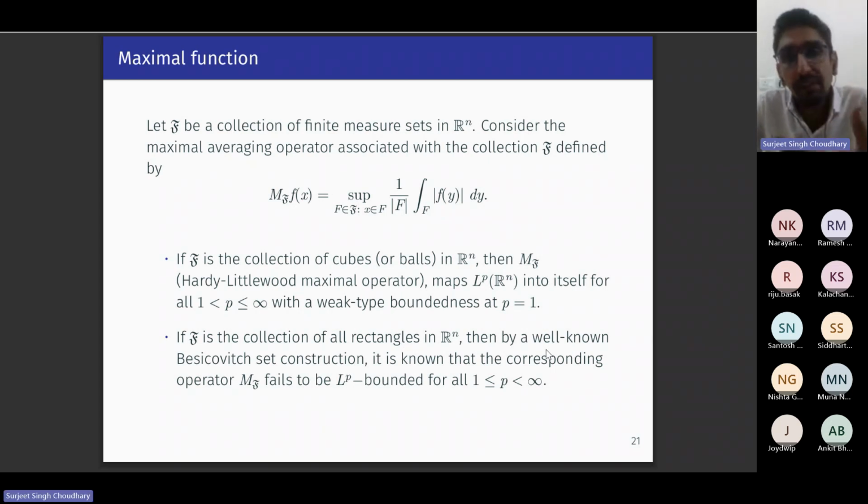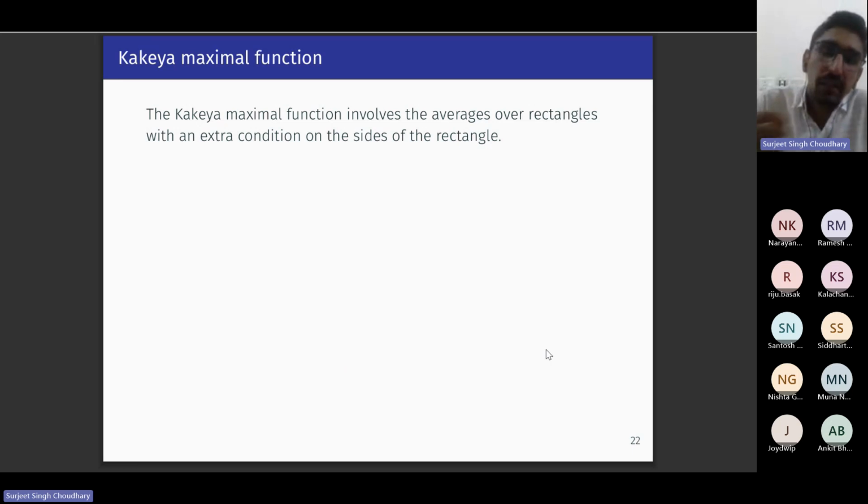So what can we say if we put some restrictions on the collection of rectangles? One restriction is to fix the dimension of the rectangles, and the other restriction can be seen as the ratio of the sides being fixed, which is called the eccentricity of the rectangles. The Kakeya maximal function involves the average over rectangles with some extra condition on the sides of the rectangles.